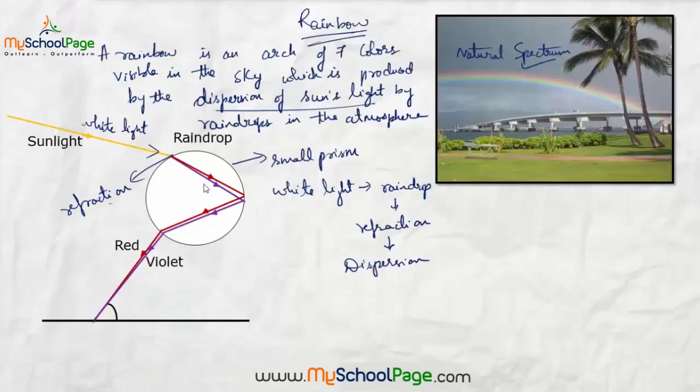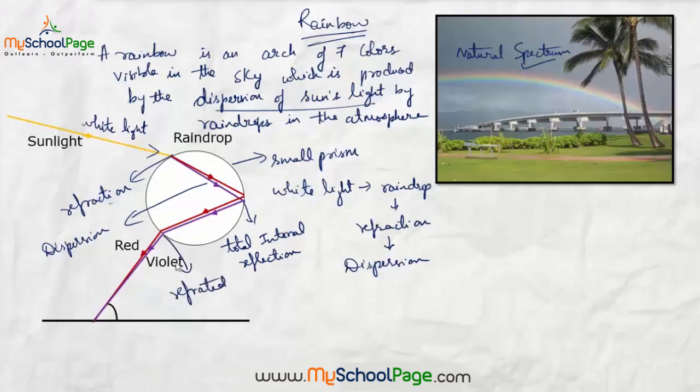So here you may notice that the white light is split into 7 different colors. So here it undergoes dispersion to form a spectrum. So this spectrum undergoes total internal reflection and finally is refracted out of the raindrop. So this is how a rainbow is formed.